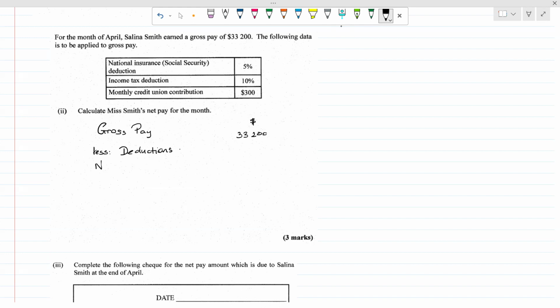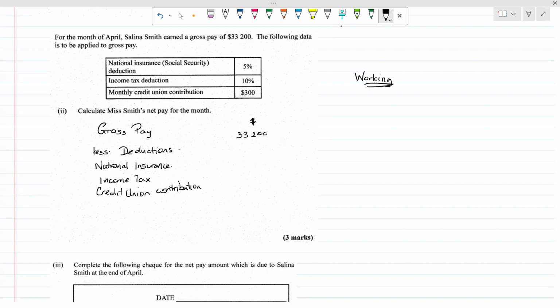So we have national insurance, income tax, and the credit union contribution. I like to write out all of them. Let me work on the side here.